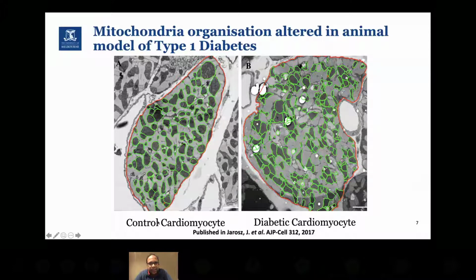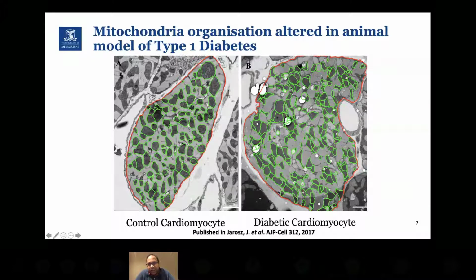Within that circular face, all these green contoured regions are your mitochondria. It's really packed with mitochondria, and the rest are mostly myofibrils, which are the contracting proteins within the cardiomyocyte.